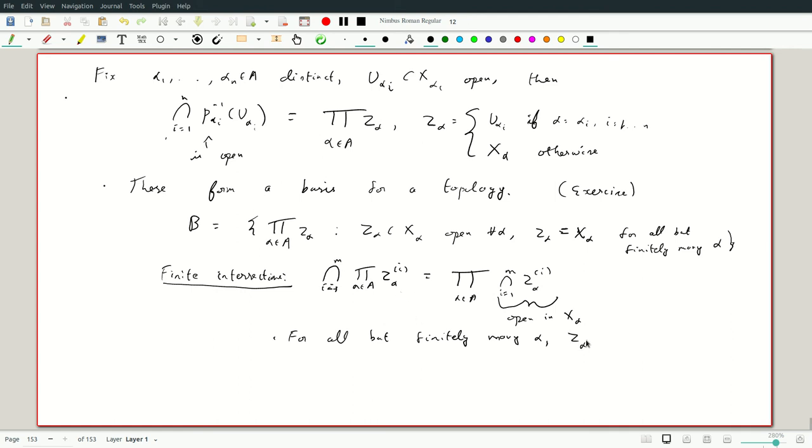So Z alpha i is X alpha for all i, and so the intersection i equals 1 to m of Z alpha i is going to be X alpha. Thus this product is actually in B. The intersection i equals 1 to m of Z alpha i is in B.